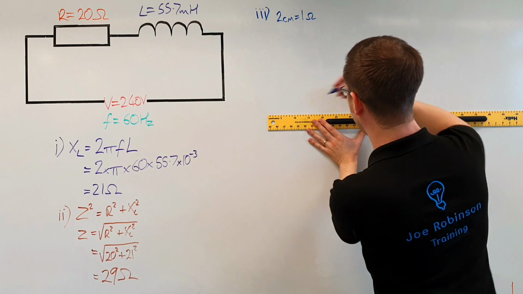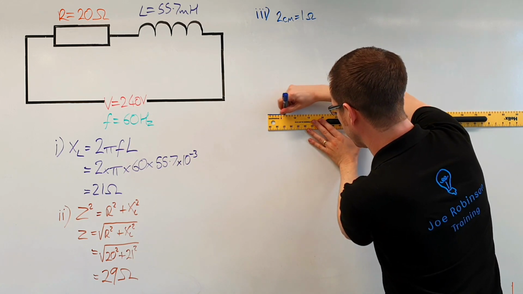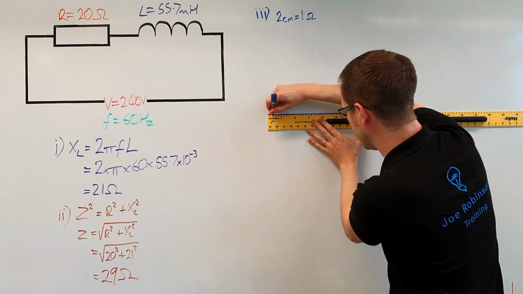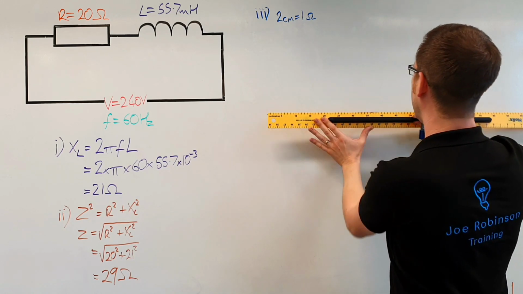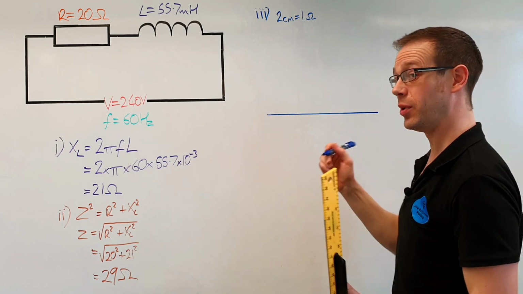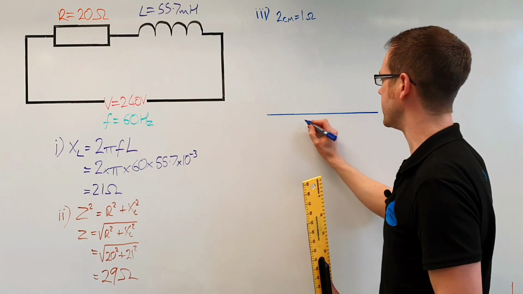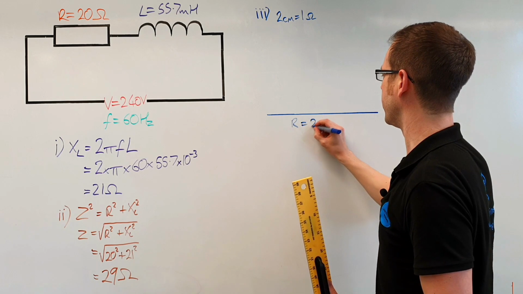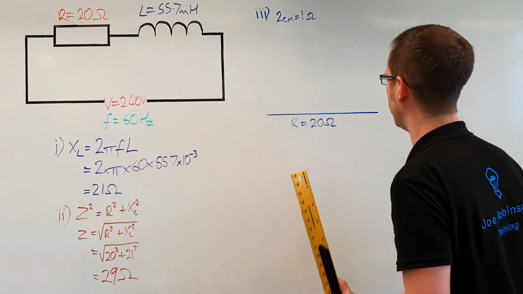So I'm going to draw a line 40 centimetres long, so that's going to go along there like that. So that line is 40 centimetres long. And then I am going to label this up. So this is really quite important that we do this. We say that this is the resistance, so that's the R, and that is 20 ohms. So that's how long that is.